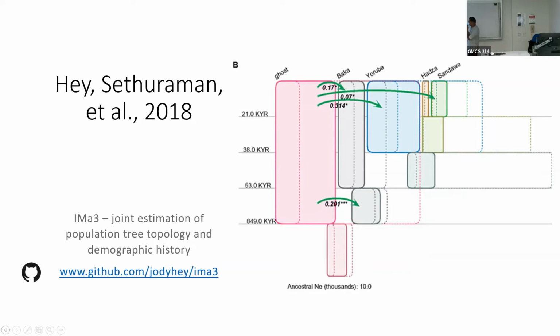This is because of what we call a bottleneck event, where only a handful of individuals essentially went on to establish these populations. So the Hadza are highly structured, which means they look very similar to each other, which is exactly what we saw when we estimated population structure using multi-cluster. All the Hadza stood out as a very unique population.